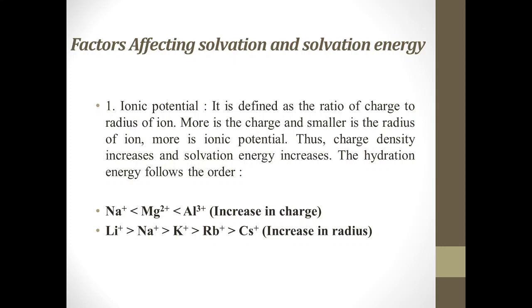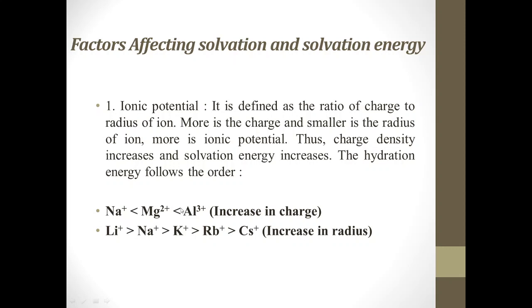Now, factors affecting solvation and solvation energy. Ionic potential. Ionic potential is nothing but the ratio of charge to radius of the ion, and if the charge is more, then the ionic potential is more, and hence the more the ionic potential, the more the solvation energy. So when there is an increase in charge from sodium cation to aluminum cation, what happens?